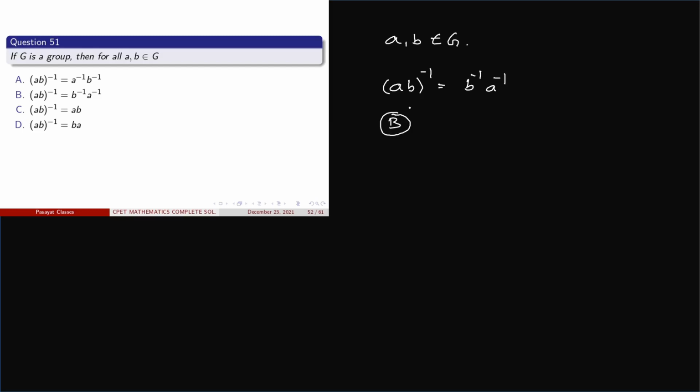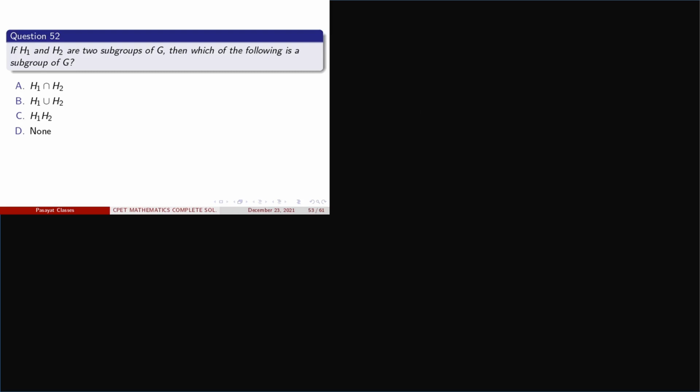Now come to another question, question number 52. Here, if H1 and H2 are two subgroups of G, then which of the following is a subgroup of G?